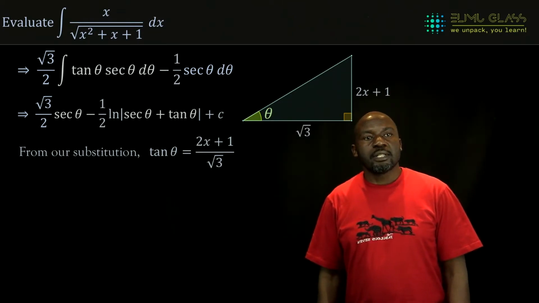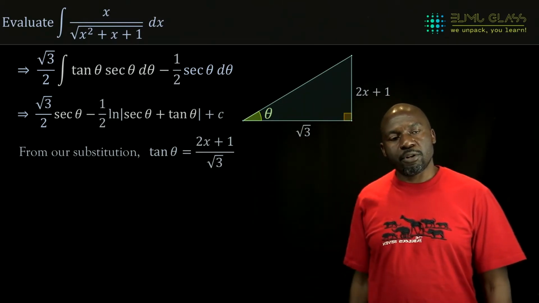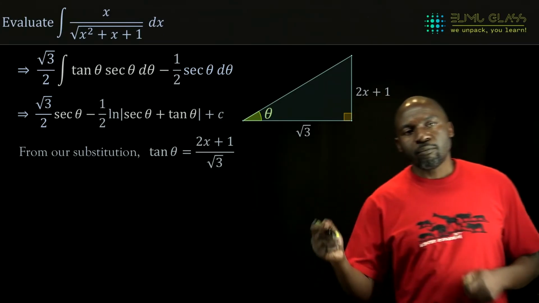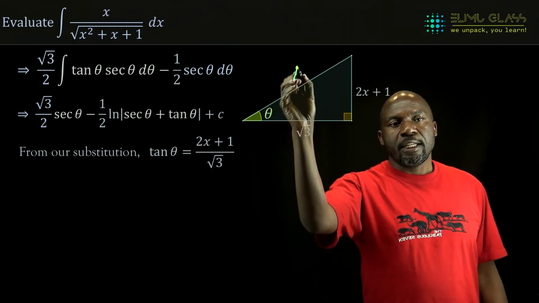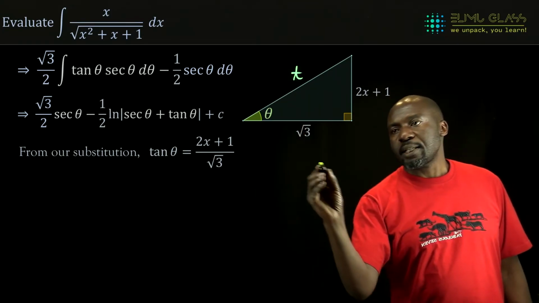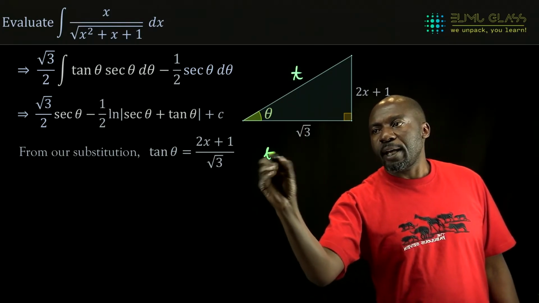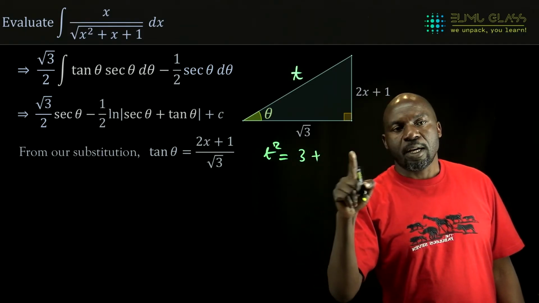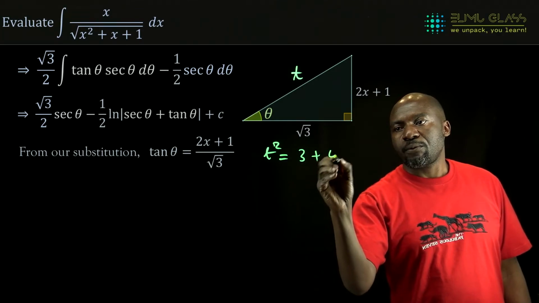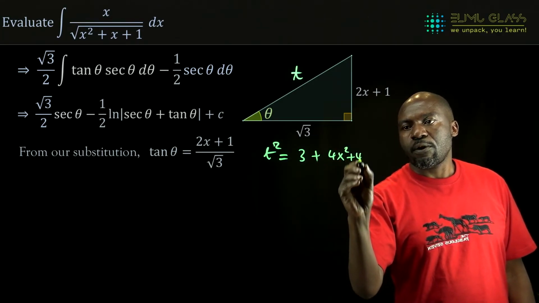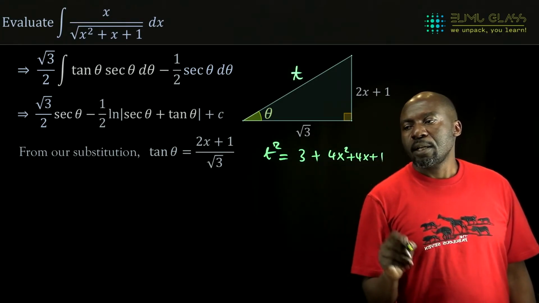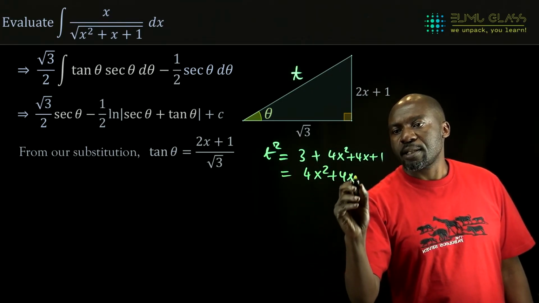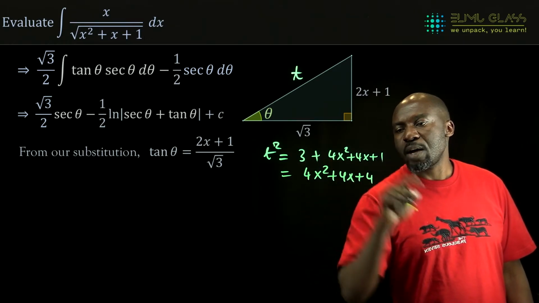And so we have to find the value of the hypotenuse. Let's call this t, for example. Then t squared must be equal to root 3 squared, which is 3, plus this squared, which is 4x squared plus 4x plus 1. So this is the same as 4x squared plus 4x plus 4, 3 plus 1 there.